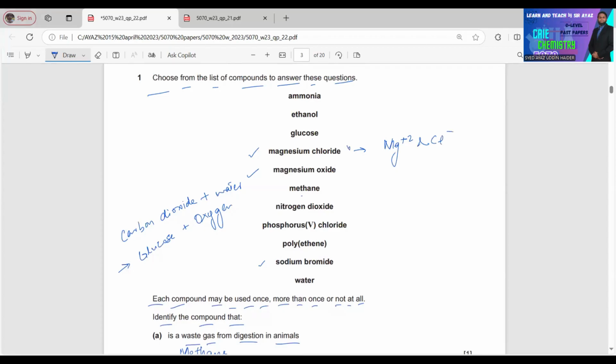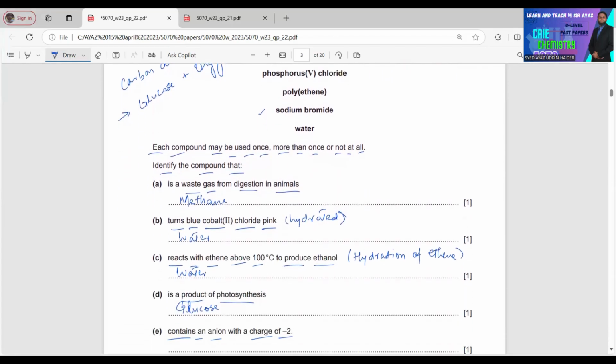So this can't be the right answer because Cl is the anion here. I'm writing the anion on top, and it's carrying -1 charge. What about magnesium oxide? Magnesium oxide is MgO, and in this magnesium carries +2 charge and oxygen carries -2 charge. This looks correct to me. So this must be the answer for this question.